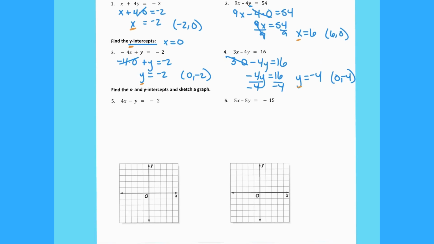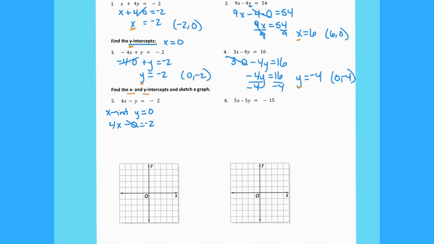Okay, so same for problems 5 and 6, but this asks us to find the x and the y-intercept. So let's do the x-intercept first. And remember, that's when we're going to make y equal to 0. So then we have 4x minus 0 is equal to negative 2.